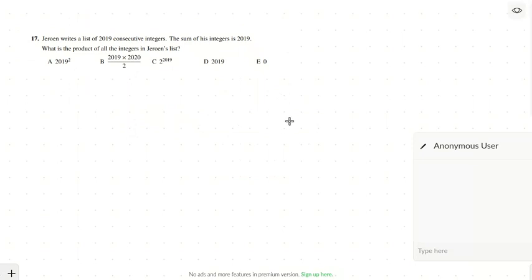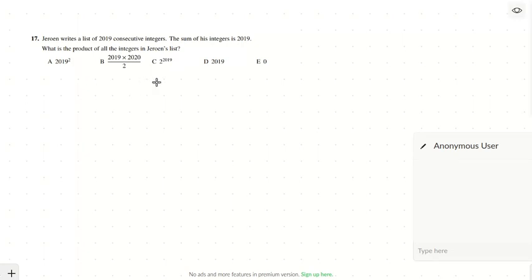You do a lot of work, or I did a lot of work anyway, and you end up with the answer of 0, yeah? Now, if you think about this, I suppose you could do this really quickly and think, if you've got 2019 consecutive integers, oh, excuse me, I've got the hiccups, 2019 consecutive integers, and the sum is 2019, can you see that some of those integers have to be negative?